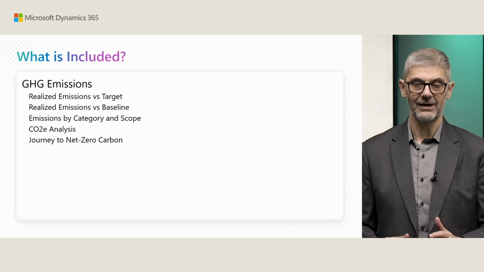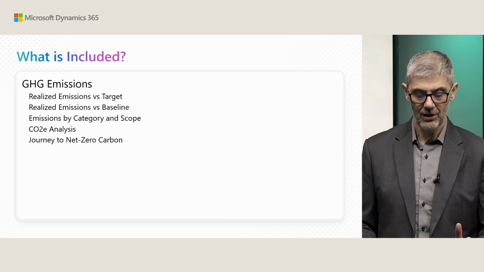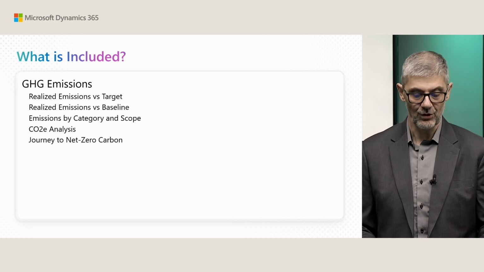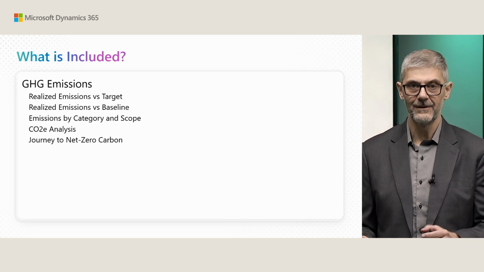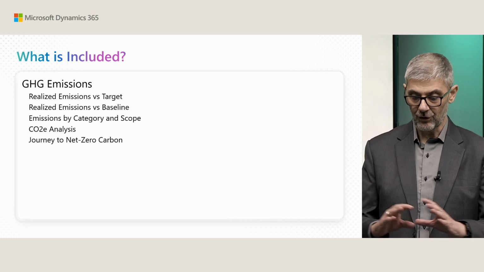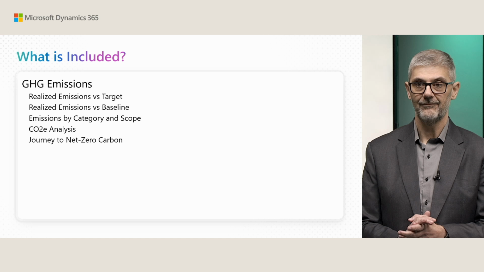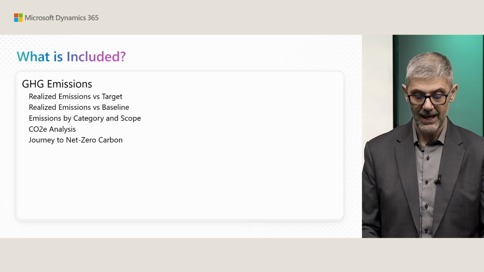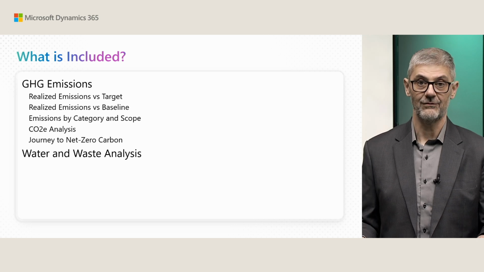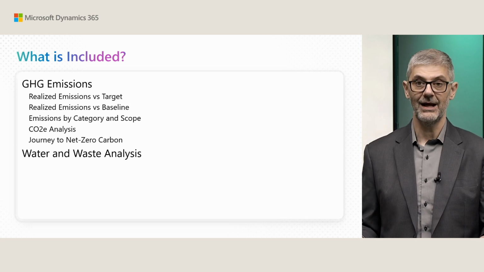The first set of reports is related to greenhouse gas emissions. So you can find realized emissions versus target and versus baseline. You can find emissions by category and scope, carbon equivalent analysis, journey to net zero carbon. So many different Power BI reports. Plus, we have water and waste analysis, because with this wave we introduce water and waste analysis.